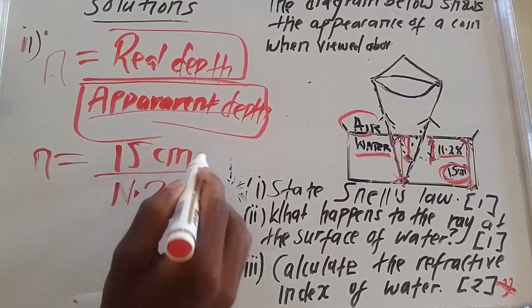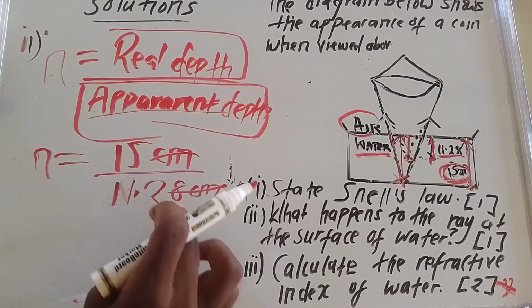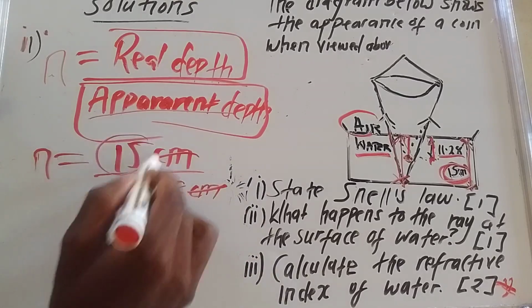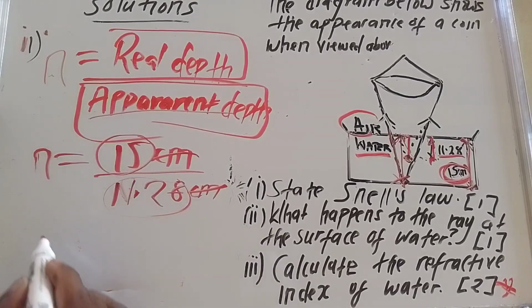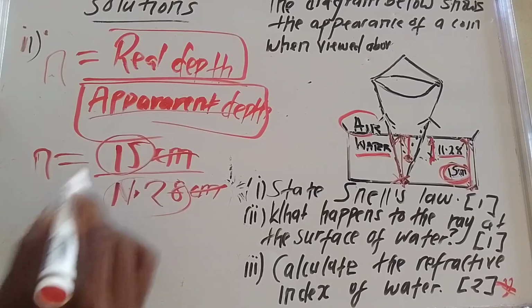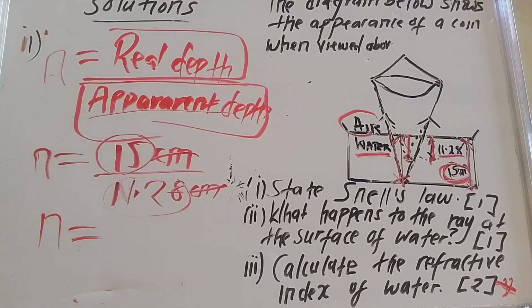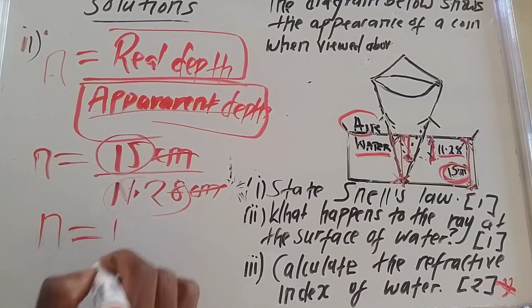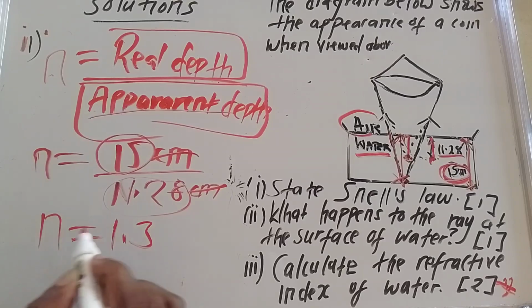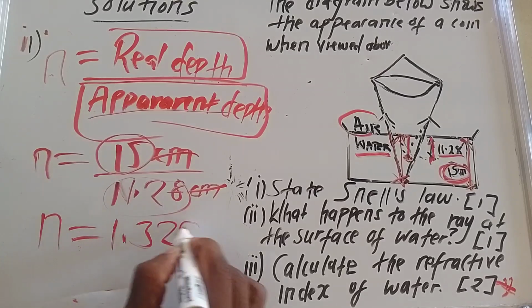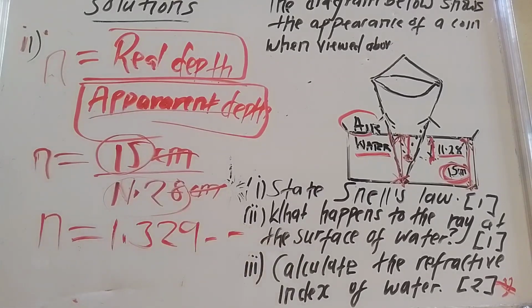So these centimeters and these centimeters will cancel, and then we are remaining with 15 divided by 11.28. If you punch it on a calculator, you are going to have something like 1.329.